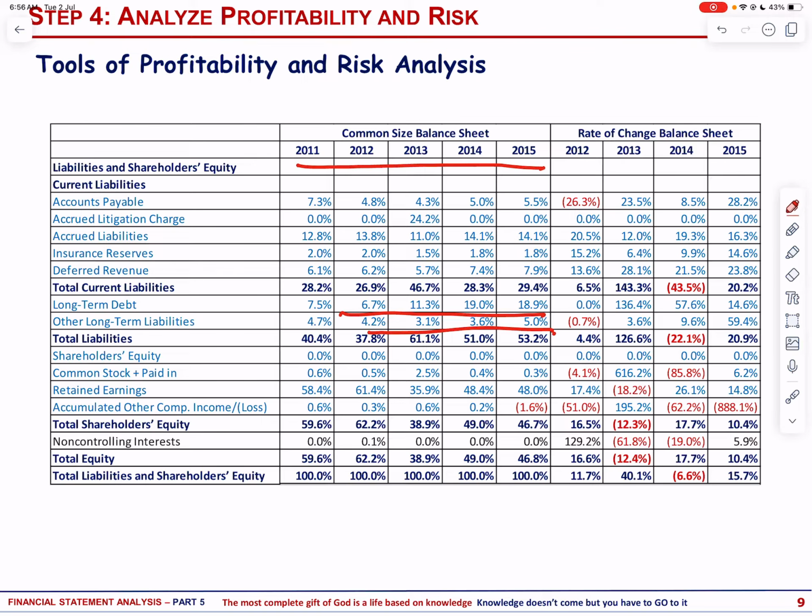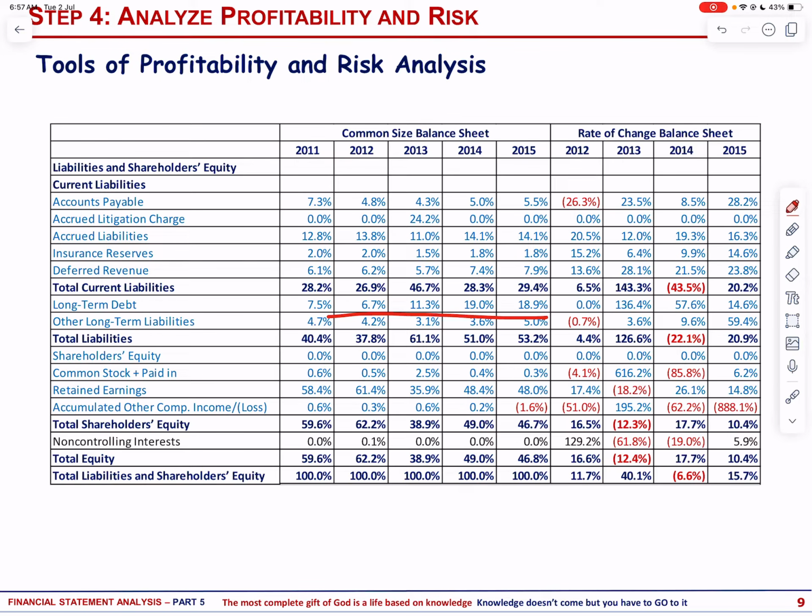You can see here it increases from 40.4% to 53.2%. Current liabilities stayed steady, but there was a notable rise in the long term debt, showing increased borrowing over the period.